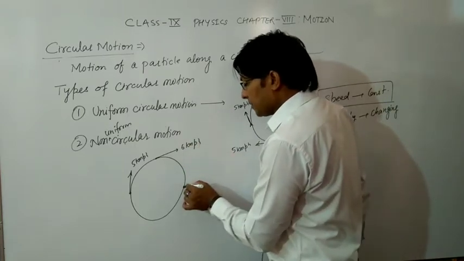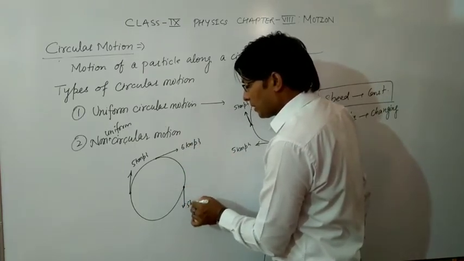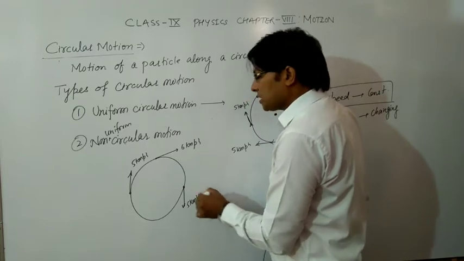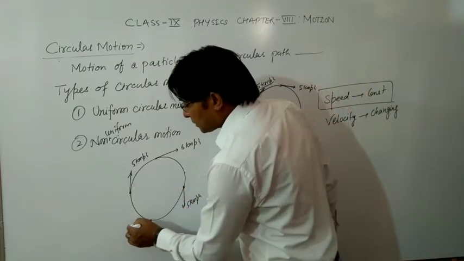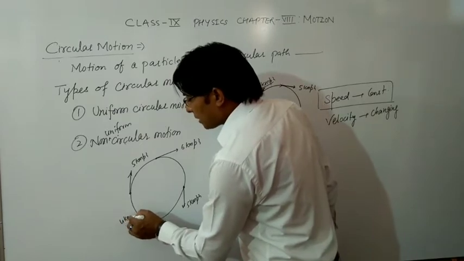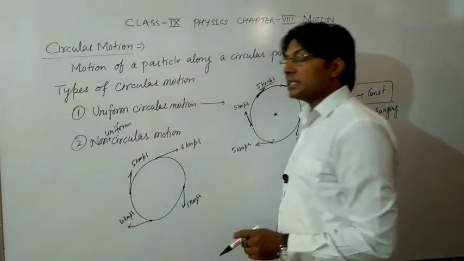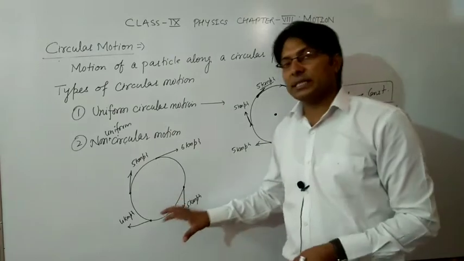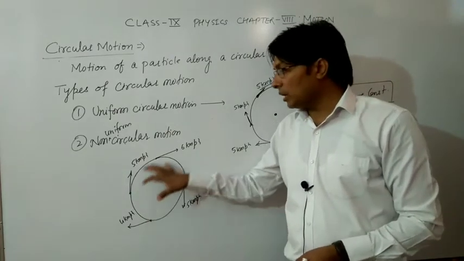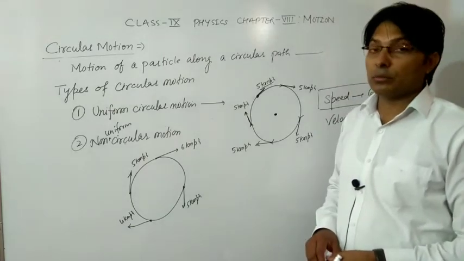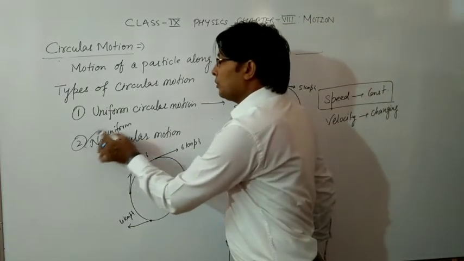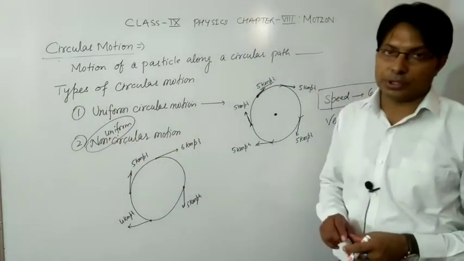At this point the speed once again becomes 5 km per hour. Maybe increasing, maybe decreasing, at this point the speed becomes 4 km per hour. If the speed of the particle is also changing along with direction, then such motion is said to be non-uniform circular motion.